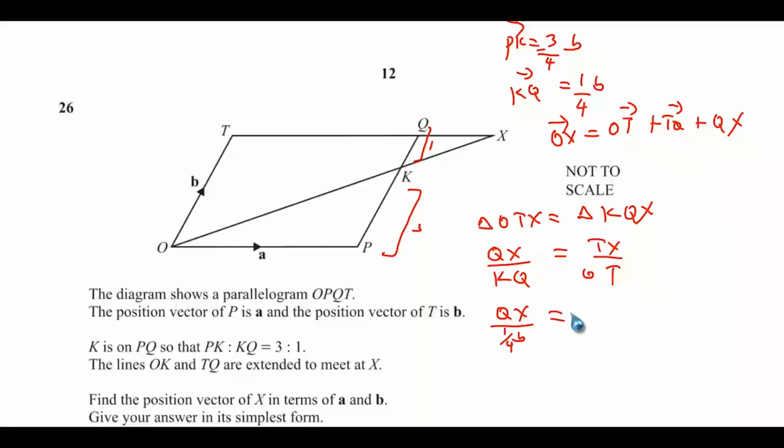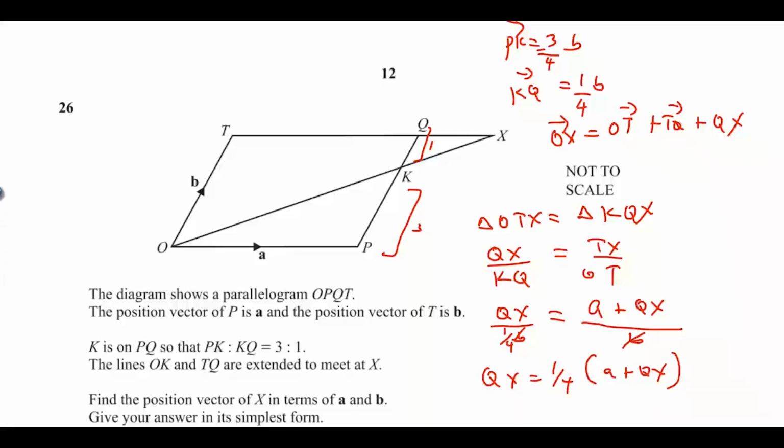So TX will be equal to TQ plus QX, because we don't have the direct value for it. TQ is A, so it will be A plus QX, then over OT, which is B. From here B cancels B, so I'll be left with QX equals 1 over 4 multiplied by A plus QX.